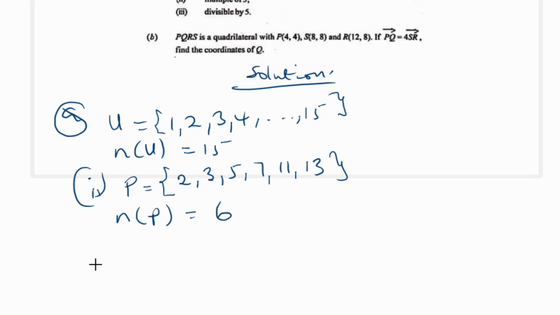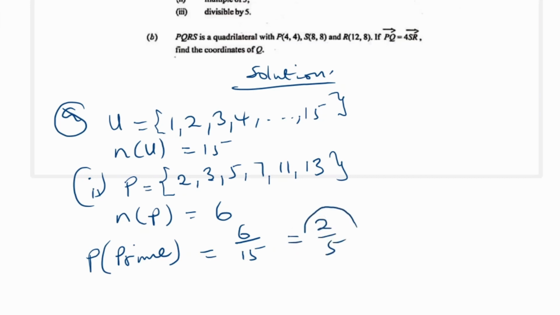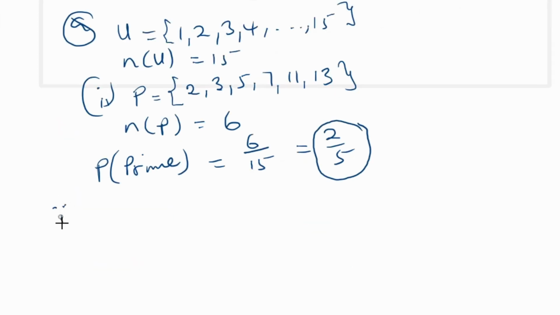The probability of P, the number being a prime number, is the number of members that are prime over the total number, which is 15, and that gives us 2 over 5. That is our answer, the probability of selecting a number that is prime.